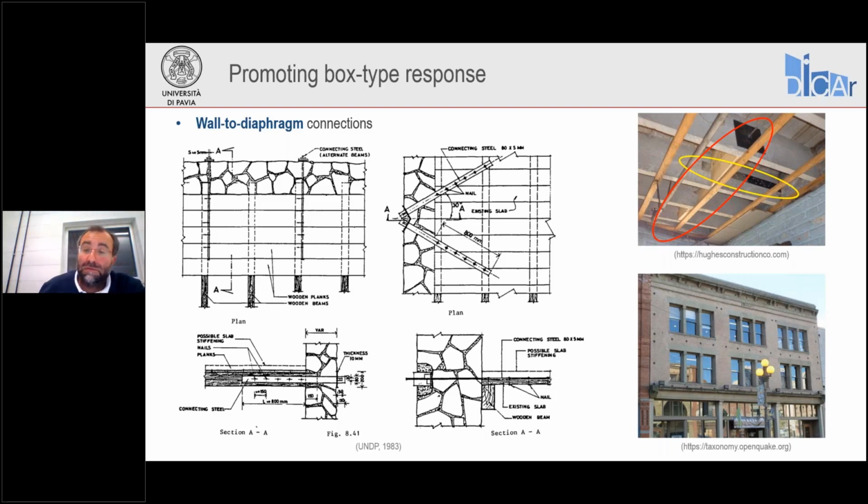You see here on the photo, on the bottom right, you see all these little black dots. They are all small anchor plates for this distributed connection system throughout the diaphragm. In the top photo on the right, you can see at a corner of a diaphragm panel the additional connections provided in the two orthogonal directions. In one direction, highlighted by the yellow ellipse, we have a steel strap nailed to the joist and then anchored to the exterior of the wall.